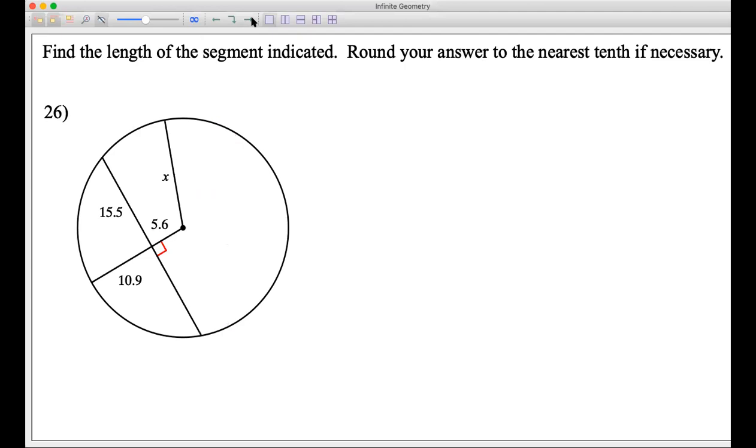Moving on, 26. All right, Wes, what do you see? How'd you get that? Questions? Connor? Okay, you get the idea about what a radius is? Okay, look at the picture 26. Do you see a radius?